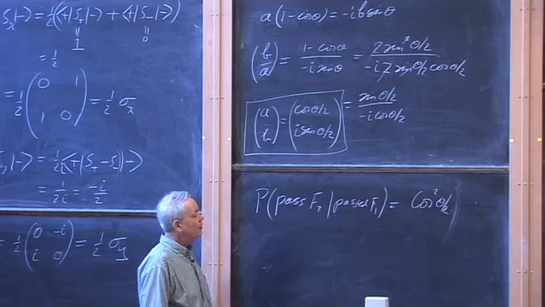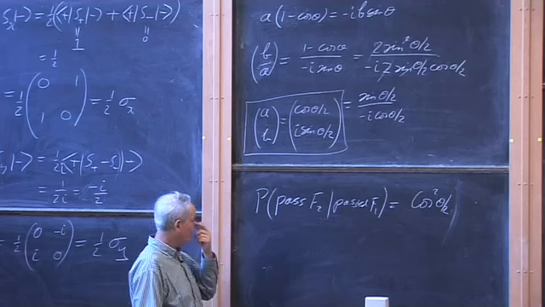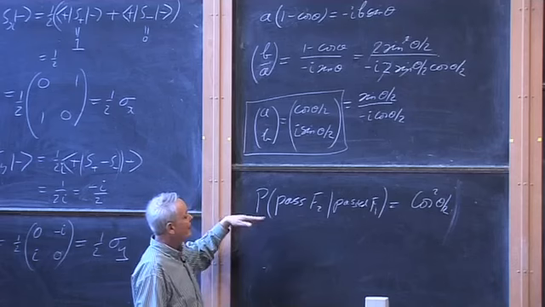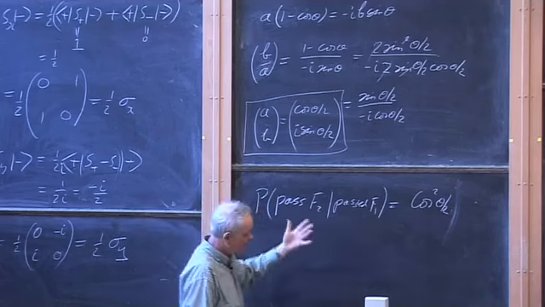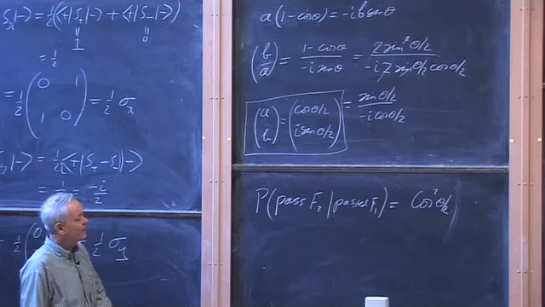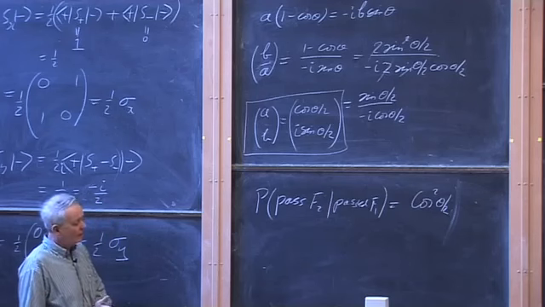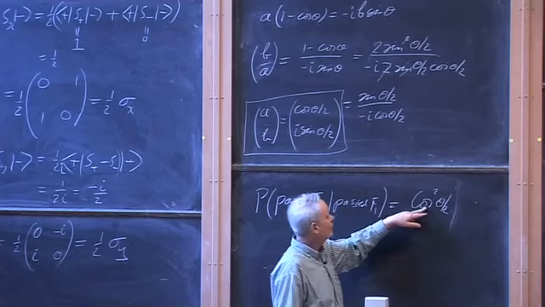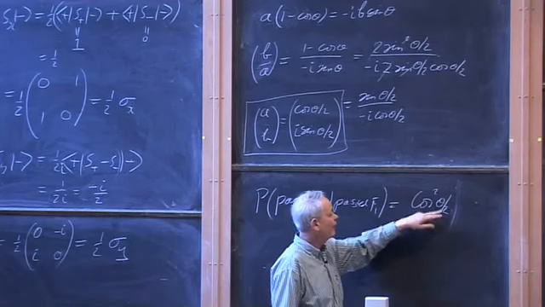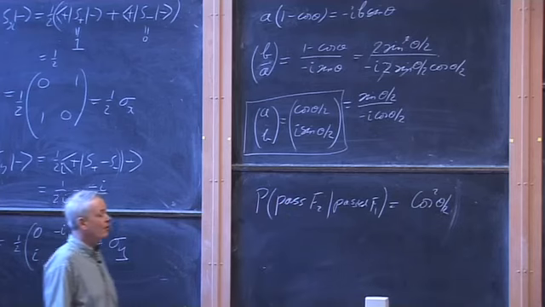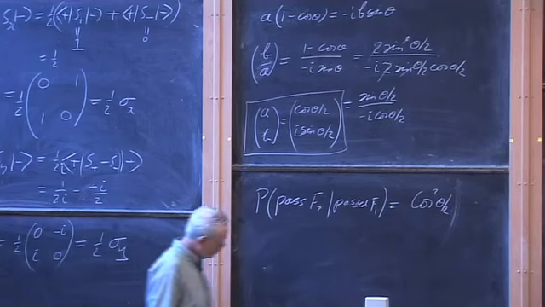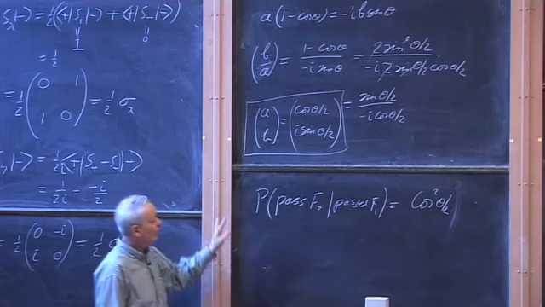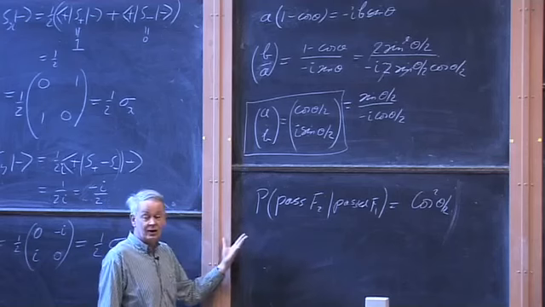So you would expect that there was equal probability, that half the probability of passing the second filter, that is to say, of getting plus a half for the spin along y, that plus a half on y and minus a half on y be equally likely by the symmetry of the situation. And indeed cos of pi upon 4 is 1 upon root 2, so cos squared of pi upon 4 is a half, and that makes perfect sense as well. So this formula predicts the kind of thing that you would expect.